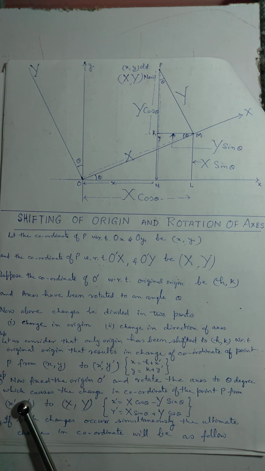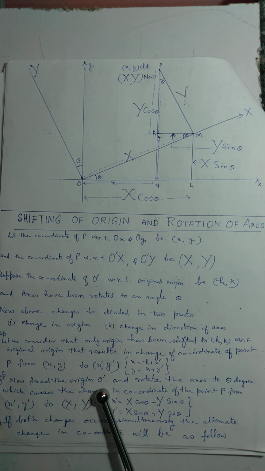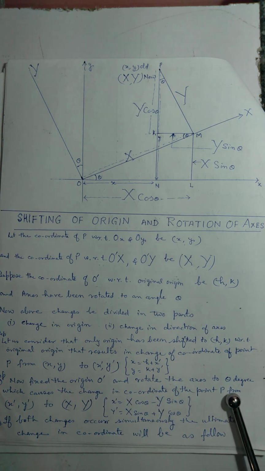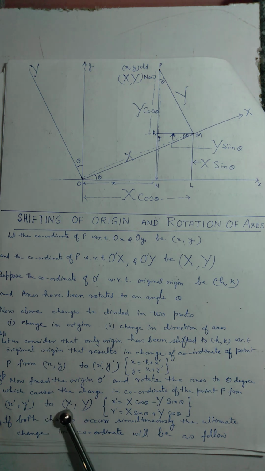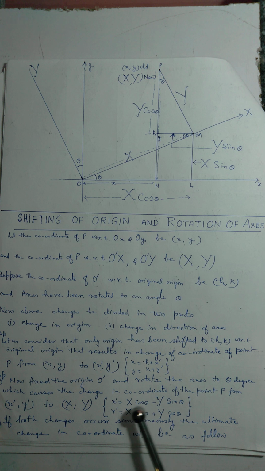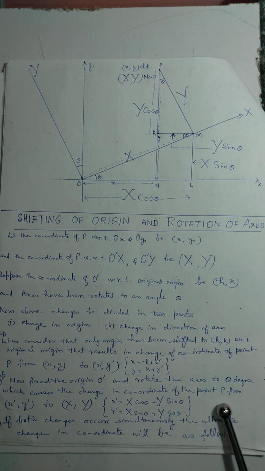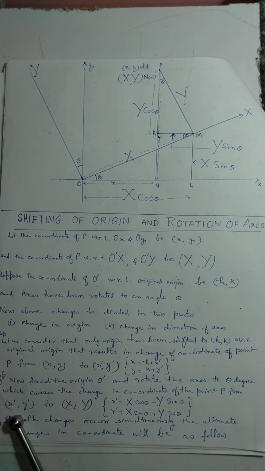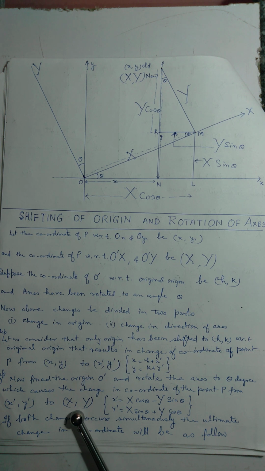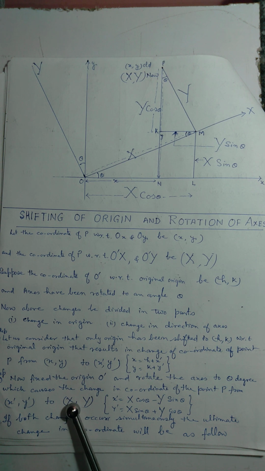Now in step 2, fix the origin at O dash and rotate the axis through theta degrees, which causes the change in coordinate of the point P from x dash, y dash to capital X, capital Y. Capital X and capital Y is the coordinate of the point at the last, the ultimate coordinate, you can say.